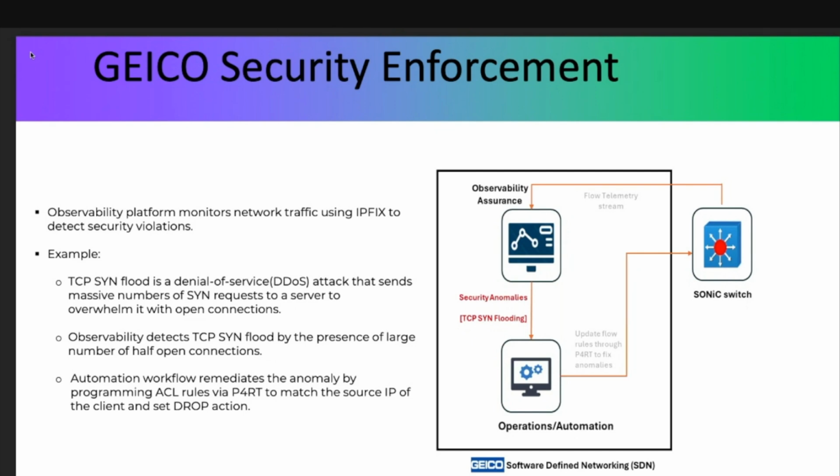How we can remediate this problem with the help of telemetry is to use the IPFIX data received from the switch on a constant basis, detect a large number of half-open sessions, and raise an alert to the system.